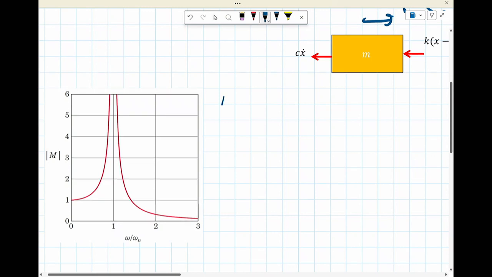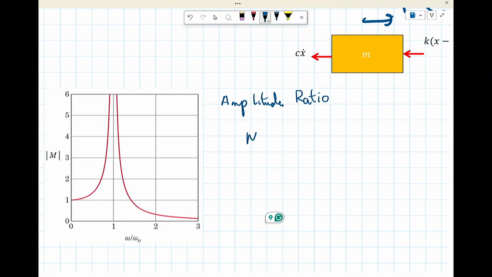So I can look at an amplitude ratio, and just look at what's happening in terms of the deflection of this.